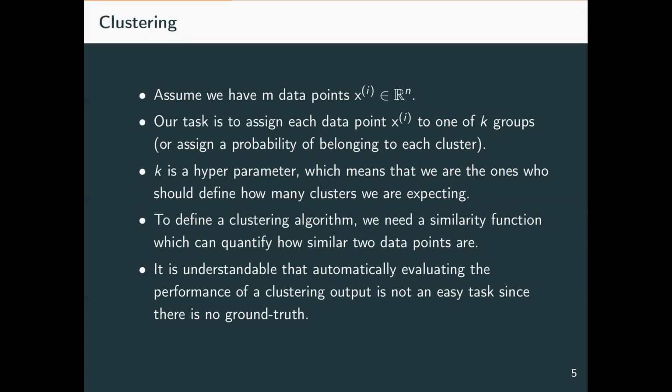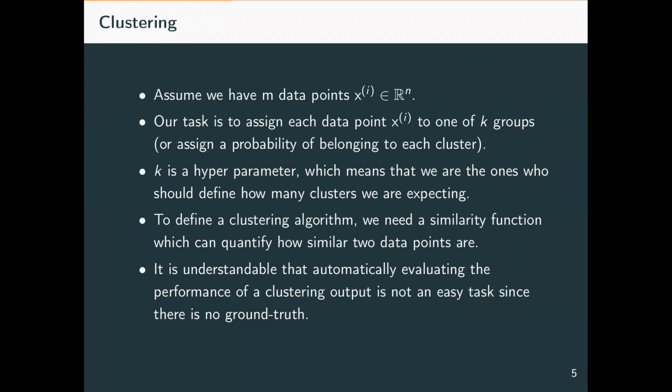Okay, let's start with the basics. Assume we have m data points denoted by x. The task is to assign each data point to one of k groups. Here k is a hyperparameter, which means that we are the ones who should define it. To define a clustering algorithm, we also need a similarity function: a data point xi, how similar is it to data point xj?